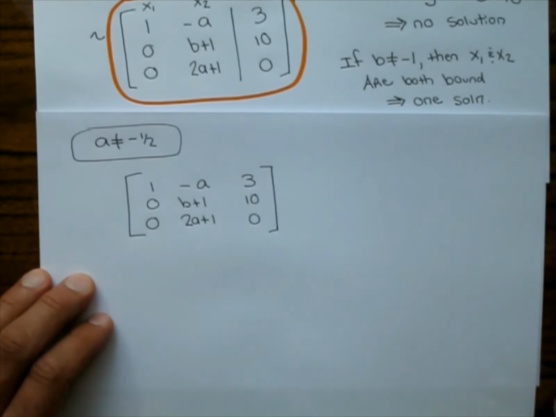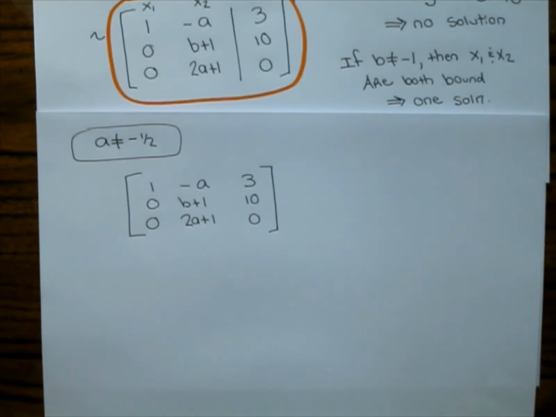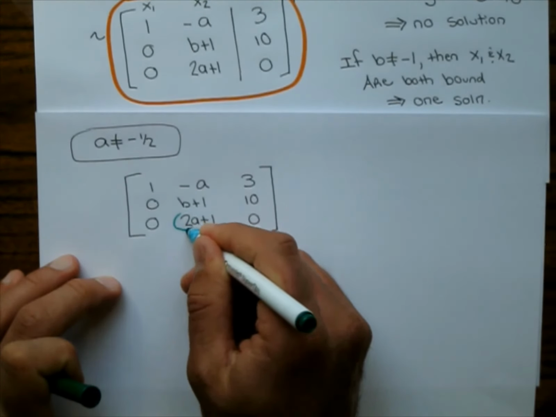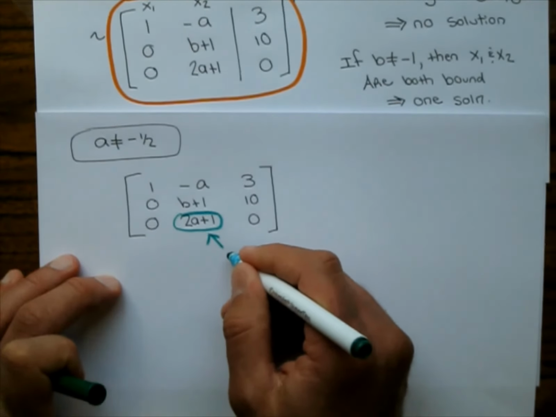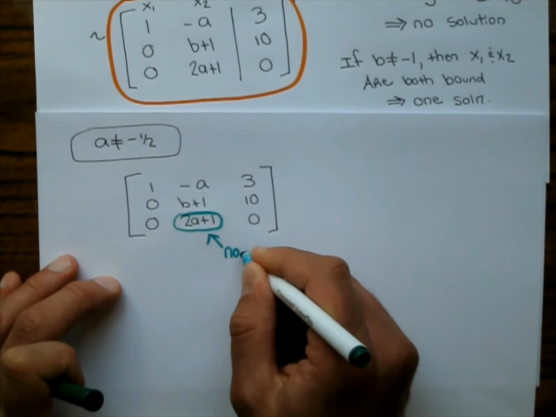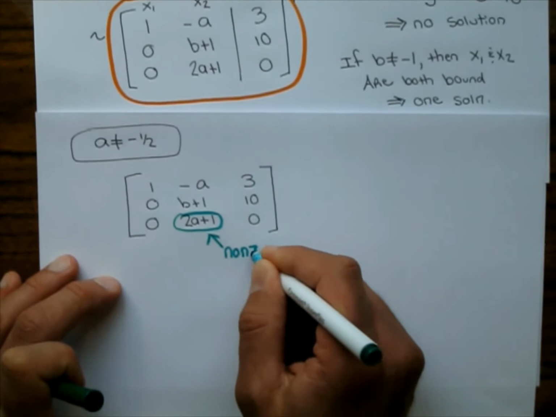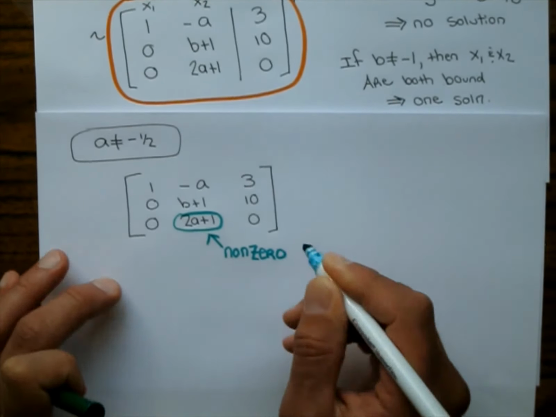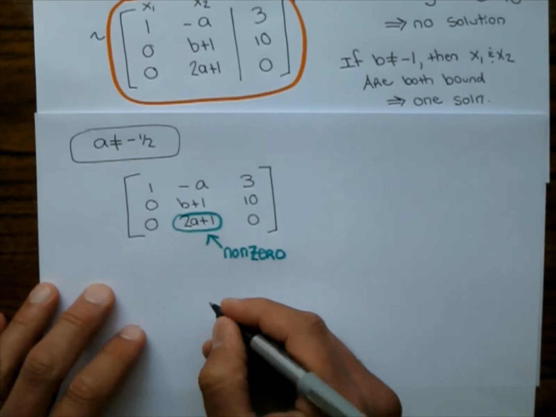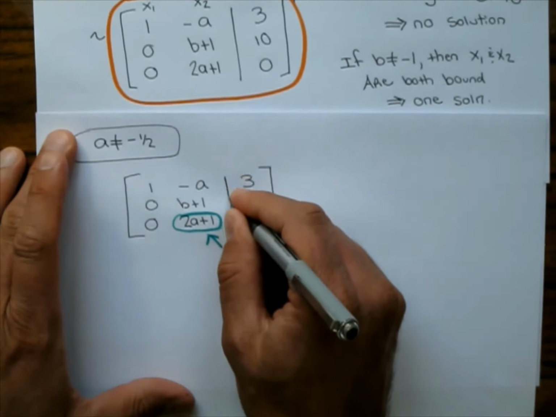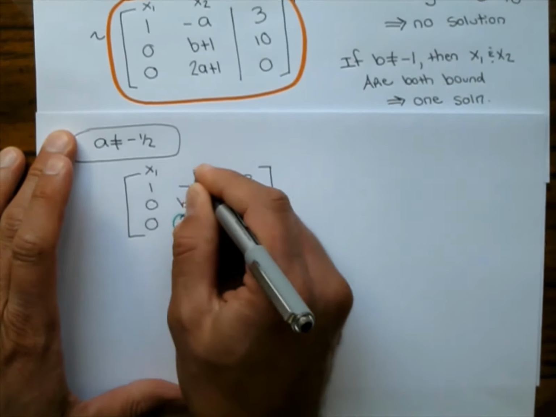then this guy right here, let me circle it in green, is non-zero. Okay? And from the last row, remember this is x1, x2.